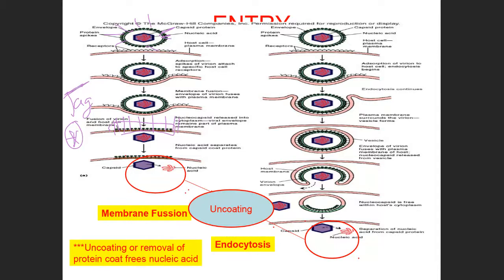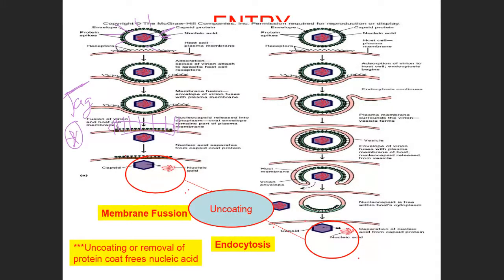So the immune system could see those viral spikes sticking out of the cell membrane of the host and recognize that cell as an infected cell and begin to actively destroy it.